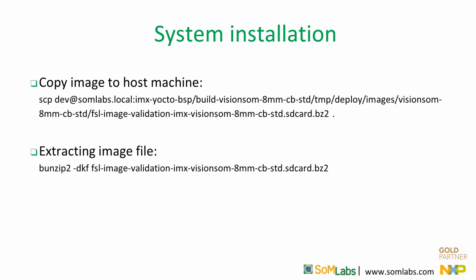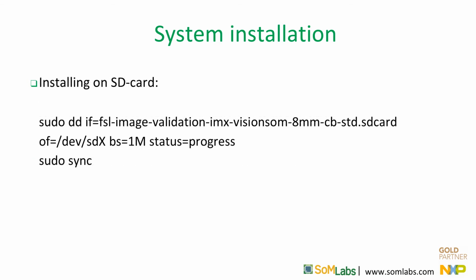The unpacked file contains a memory image that we can copy directly to the SD card, if we have a module equipped with this type of memory. We can copy the image file to the SD card using the dd command as shown on the slide.